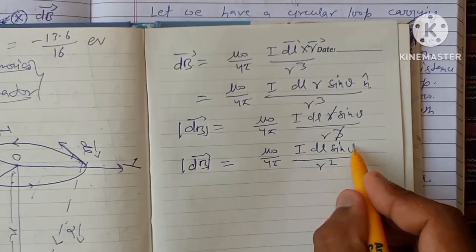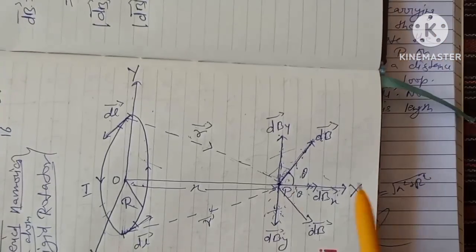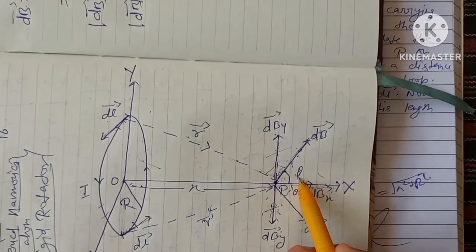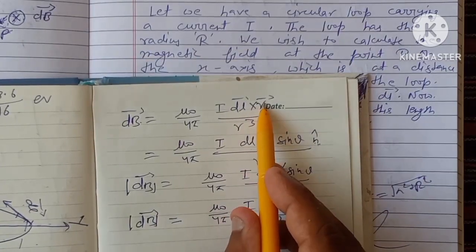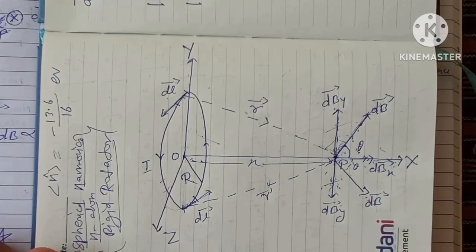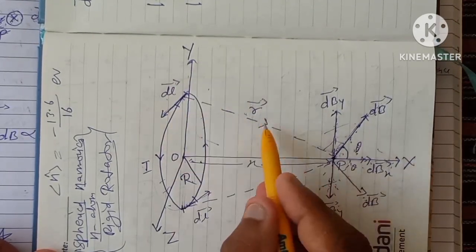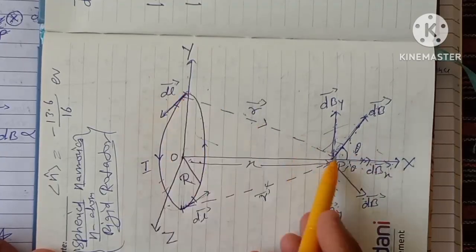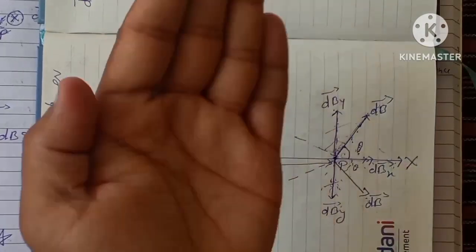Now here, what is theta? Here theta is not this angle. Here theta is the angle between this dl vector and r vector. From the diagram I can clearly see that dl vector is in the yz plane like this, and r vector is in the yx plane like this, and both the planes are perpendicular to each other.